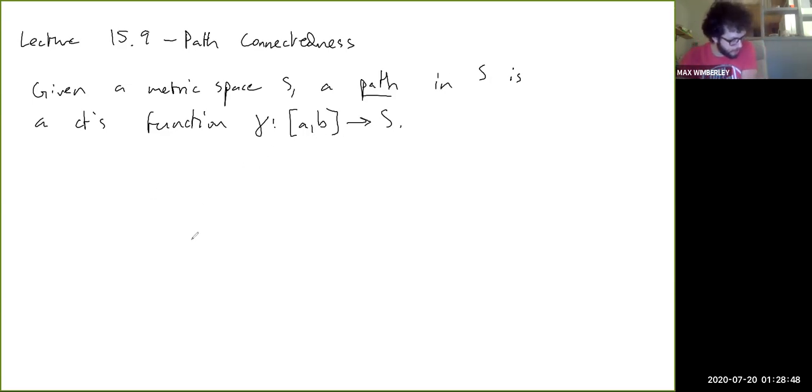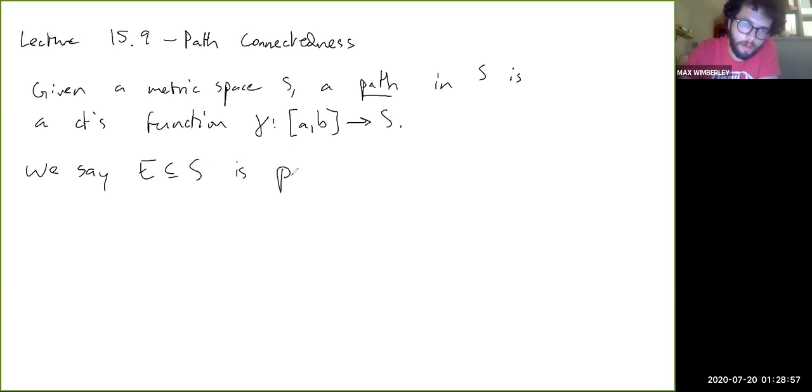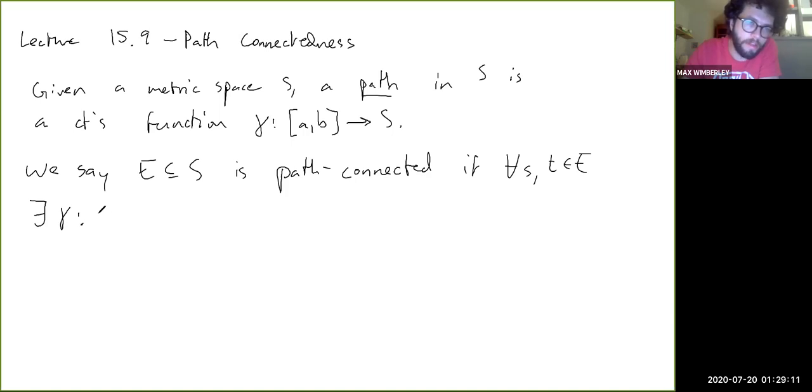And then we say E subset of S is path connected if for all pairs of points s and t in E, there exists a function, a path in E. I'm going to circle that because that's important.